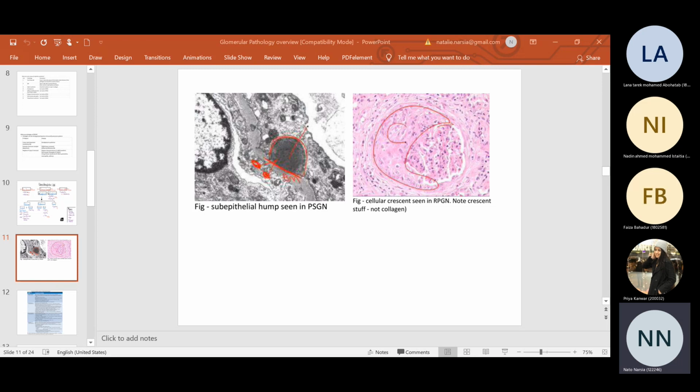But how can you differentiate whether it is Goodpasture syndrome or Wegener's granulomatosis, for example? That is important, because clinically Goodpasture syndrome and Wegener's granulomatosis usually are similar, with glomerular and alveolar damage in both of them.